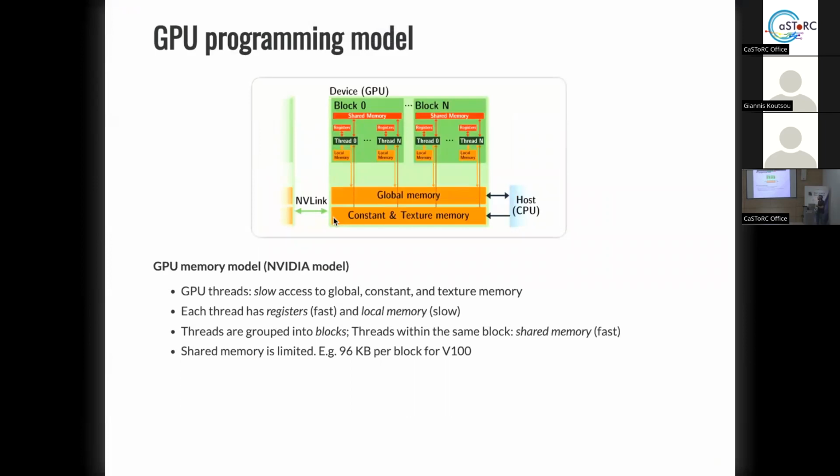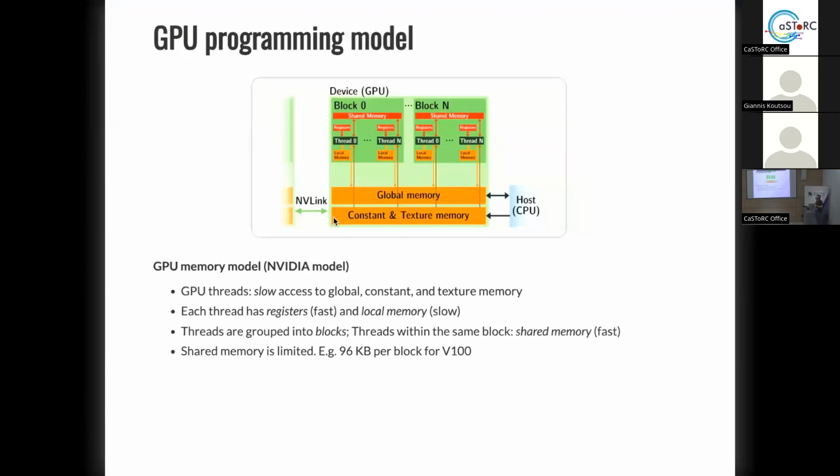These are just some terms that we will be using in order to distinguish between the different memories that are available on the GPU. The terminology that I use here is used by NVIDIA because we're going to use NVIDIA GPUs, but also on AMD GPUs you probably have the same kind of memory, just with different names.